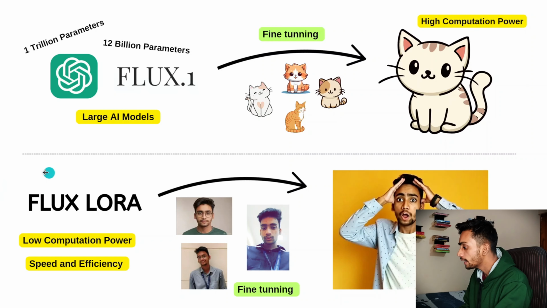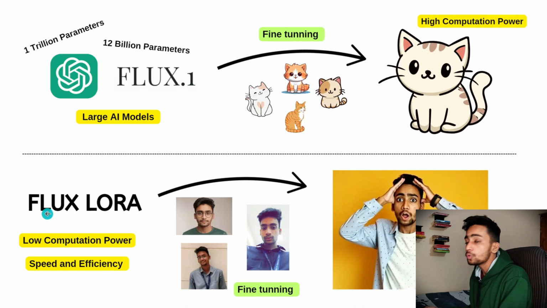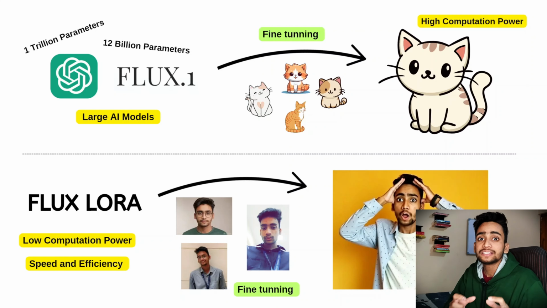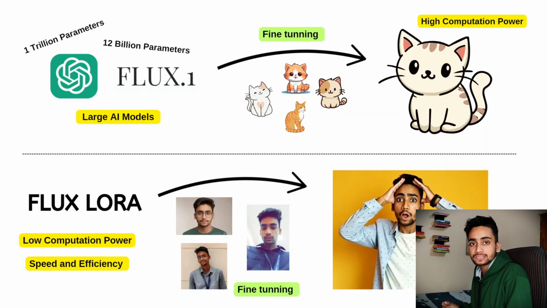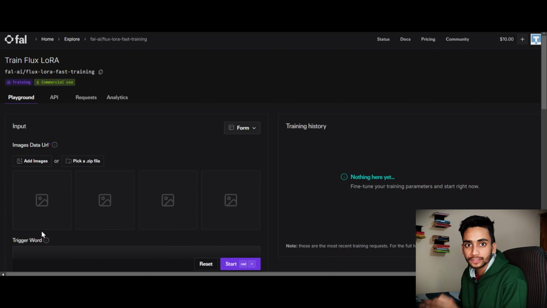So now when you train FLUX LoRa on my images to generate my images or to recognize my images, it will require low computation power and at the same time it will be faster and more efficient. That's why we create LoRa's. Now that's what I will be doing here. I will be creating a FLUX LoRa which will be trained on my images.